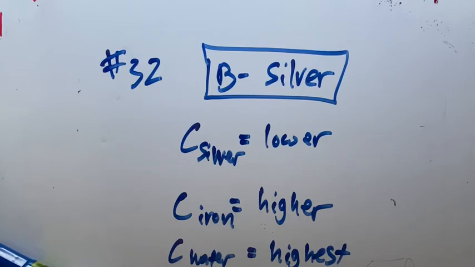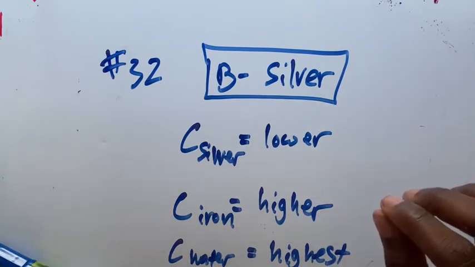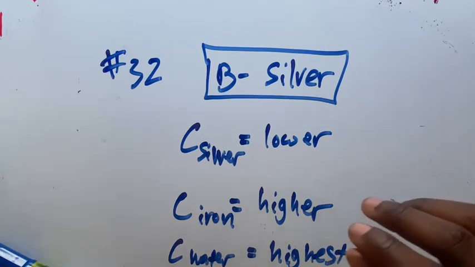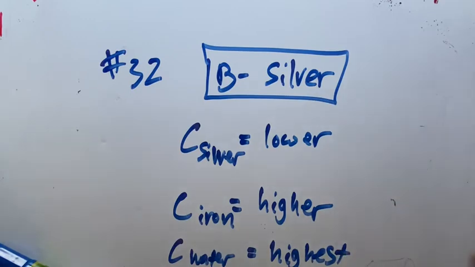Number 33 says, San Francisco has milder winters than Washington, D.C. due to A, water's high temperature in the Pacific Ocean, B, conductivity, or C, specific heat capacity.